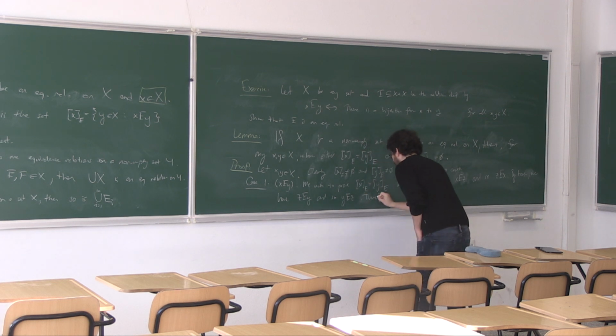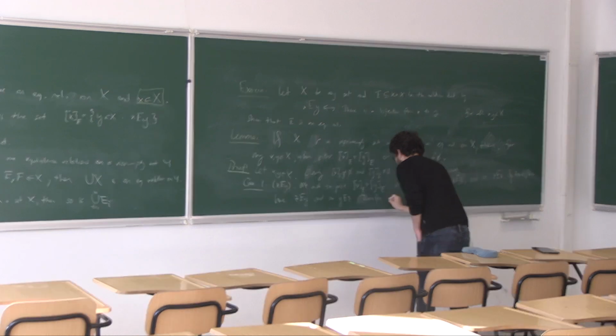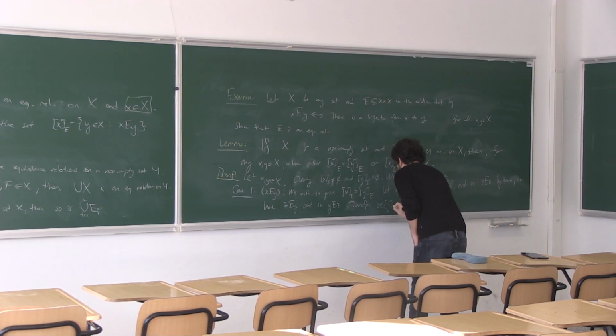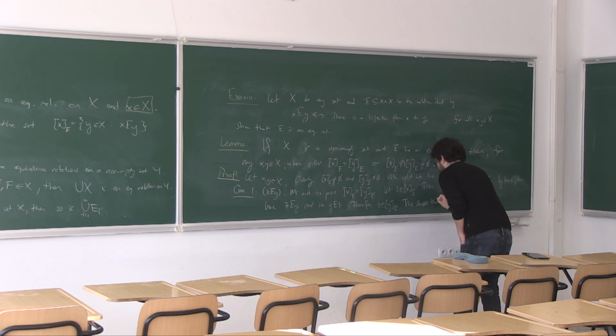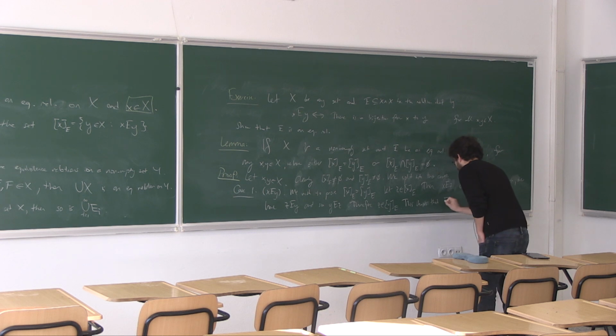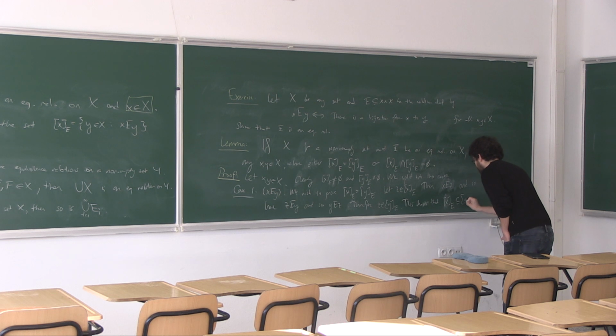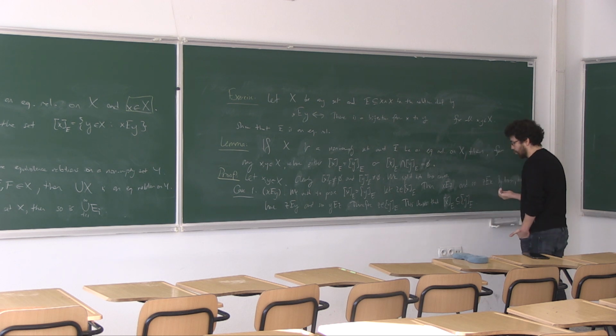Okay. Anyway, and so y is related to x, therefore z is in the equivalence class of y. This shows that the equivalence class of x is a subset of the equivalence class of y.